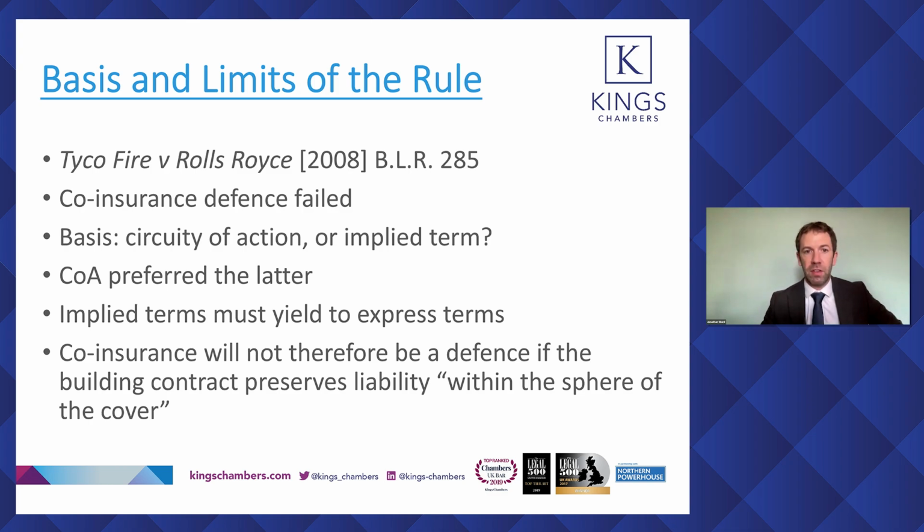What that means is that in an appropriate case, there may be a liability between co-insureds if that is what the contract clearly provides. And for those of you who are interested, there's an interesting discussion at paragraphs 77 and 78 of Tyco about the practicalities of an insurer bringing a subrogated claim against a co-insured party and the issues that might arise.